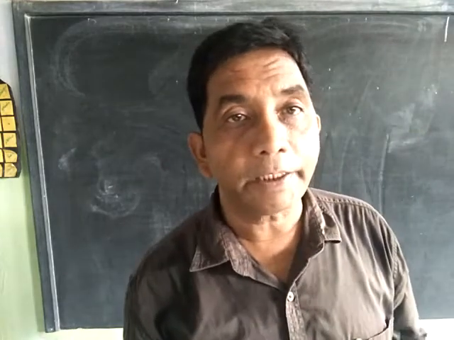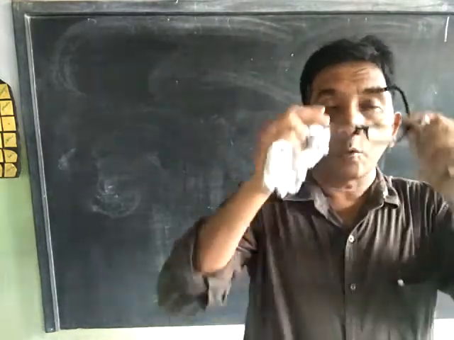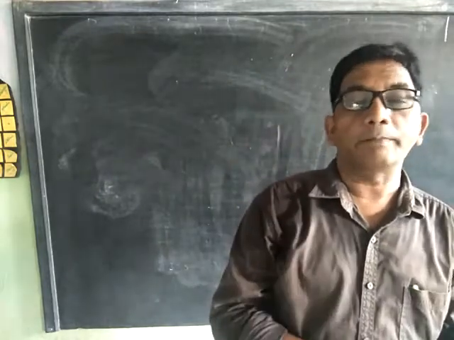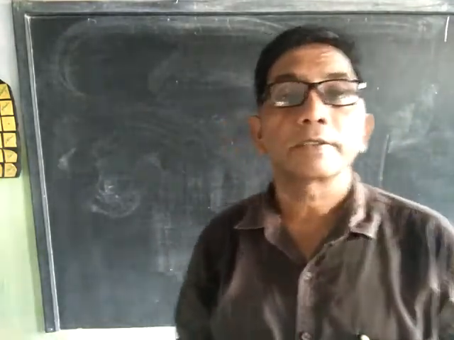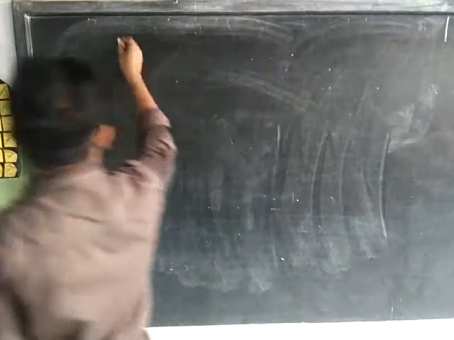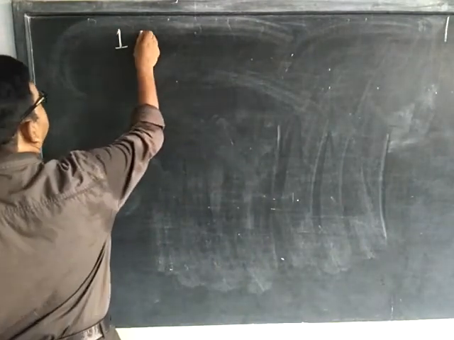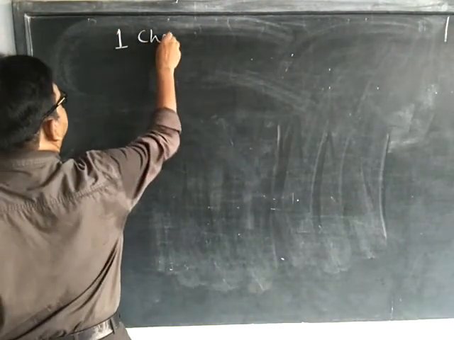1 Chandrasekhar limit is equal to 1.4 times the mass of the sun.